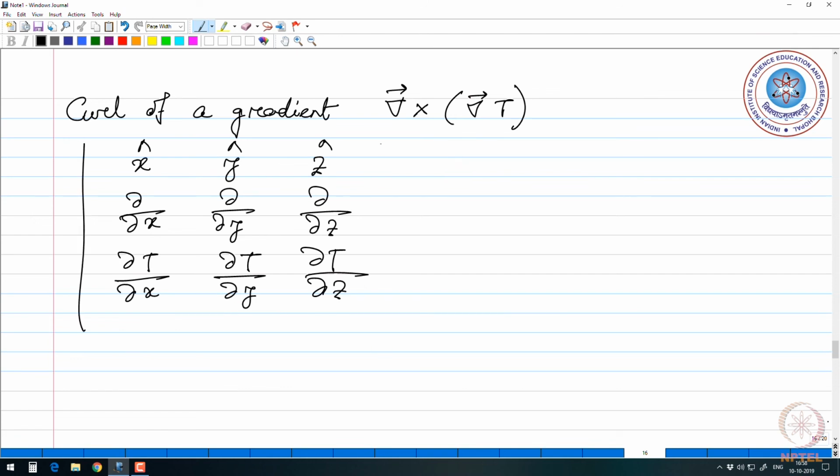If you work out the determinant carefully, you will find it must be 0. That implies that the curl of the gradient of a scalar is always 0, and this result is very important. We will make use of this result in defining scalar potential for conservative force fields.